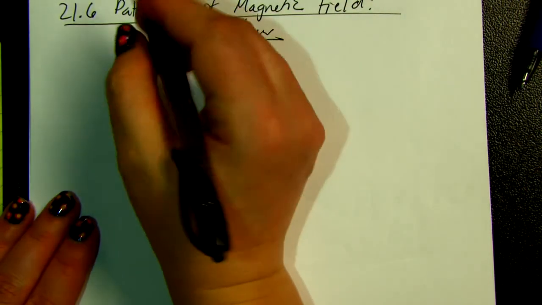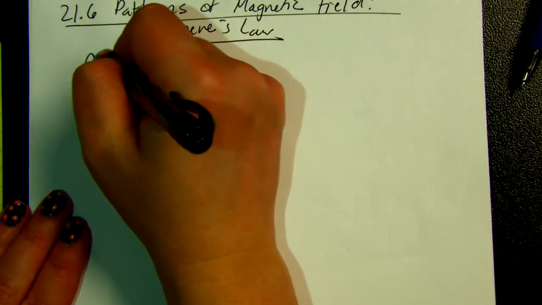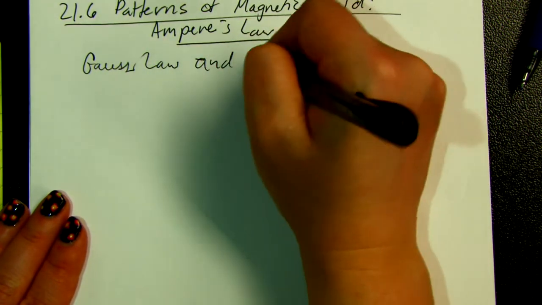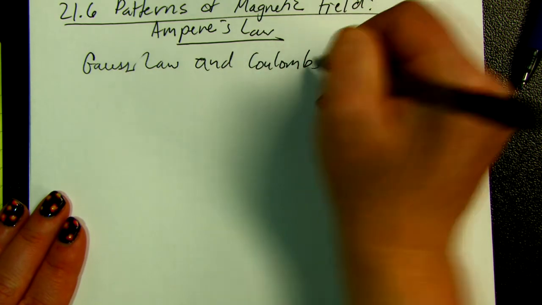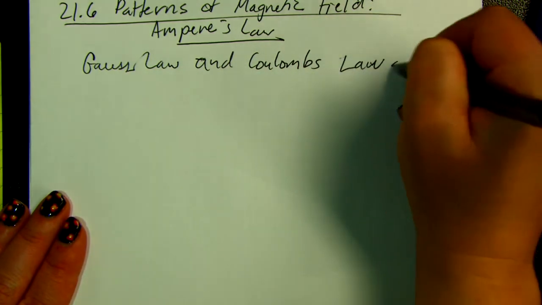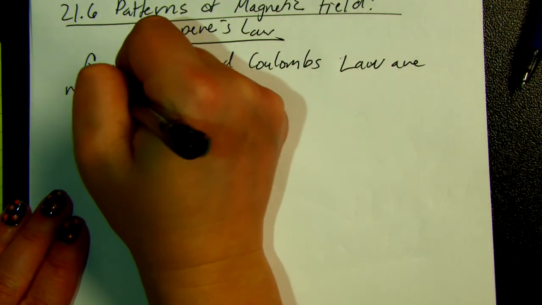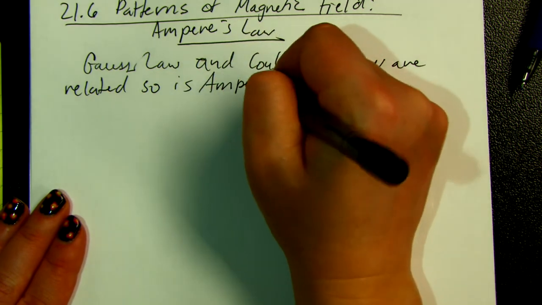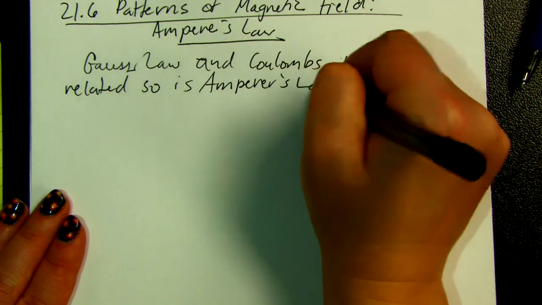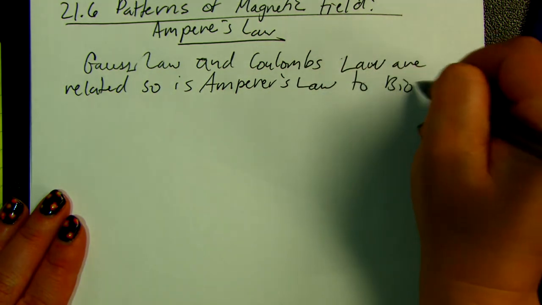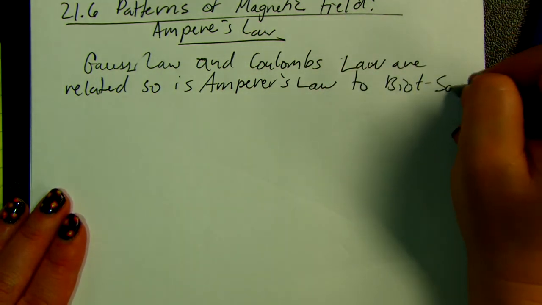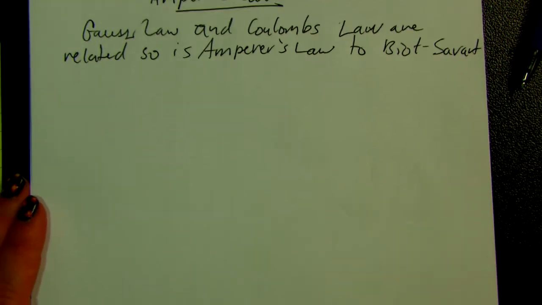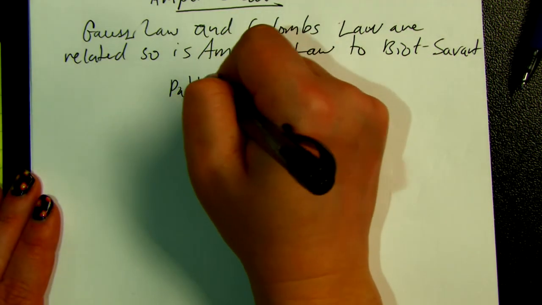Just like Gauss's law and Coulomb's law are related, so is Ampere's law to Biot-Savart. Doesn't that bring back memories of the SAT, if you took it? We are already pretty familiar with patterns of magnetic fields, but let's just quickly review.